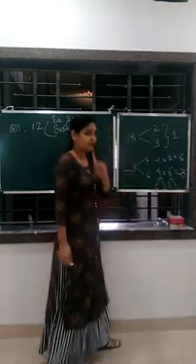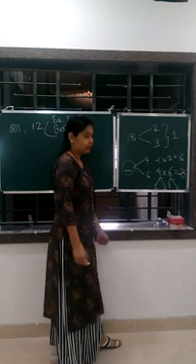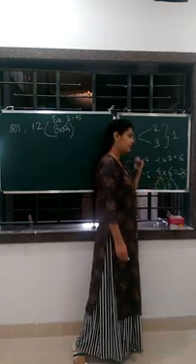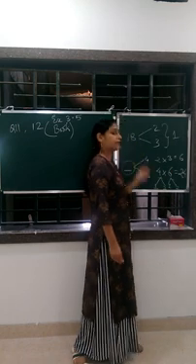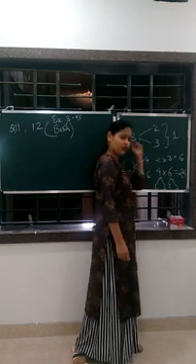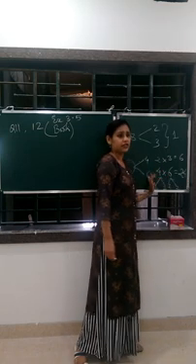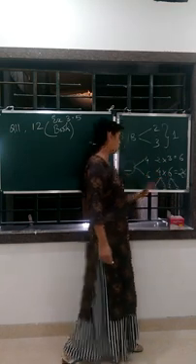That means 4 and 6 are not co-prime. That means any number divisible by 4 and 6 is not necessarily divisible by their product. Right? Because this is not satisfying the property of co-prime numbers.